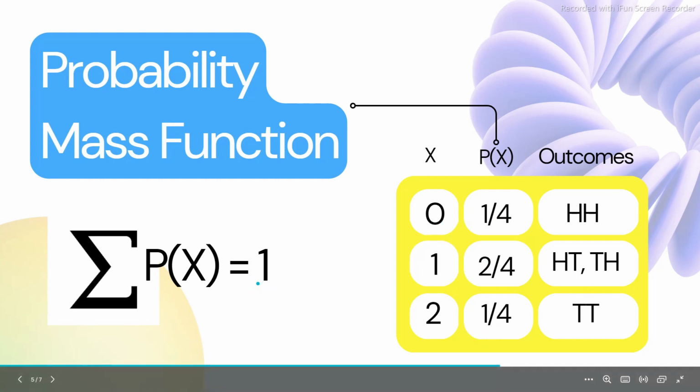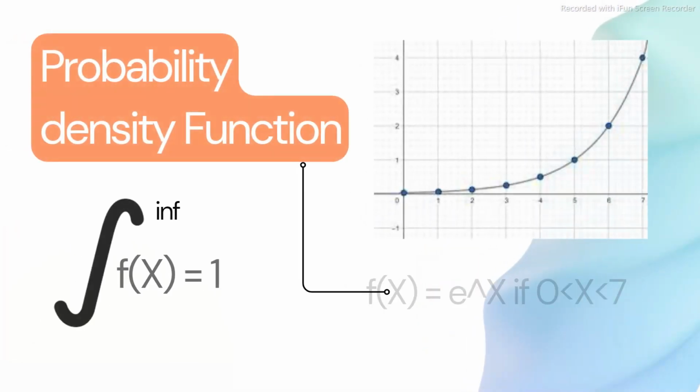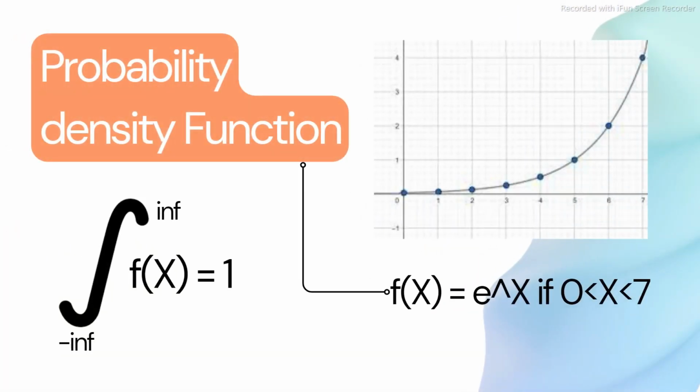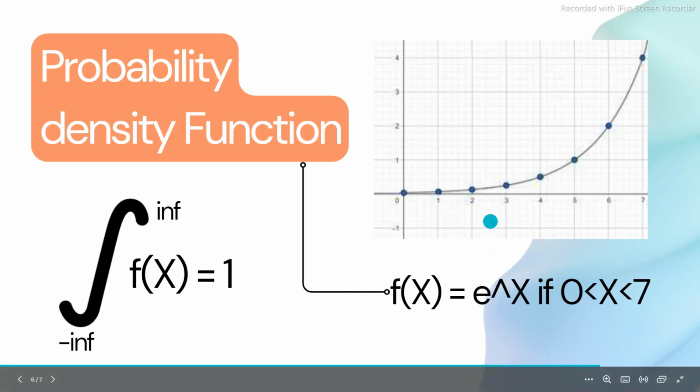And this is what it states: for the probability mass function, if you add all these values, then we are going to get our value as 1. And in the density function, because the data is continuous, just think of processing 7 billion data and adding all the data, it is a very complex process. Therefore normally what we do is take a curve of that. For example, here we have a curve of e of x. If you add 1, 2, 3, 4 values, then we are going to get values like this.